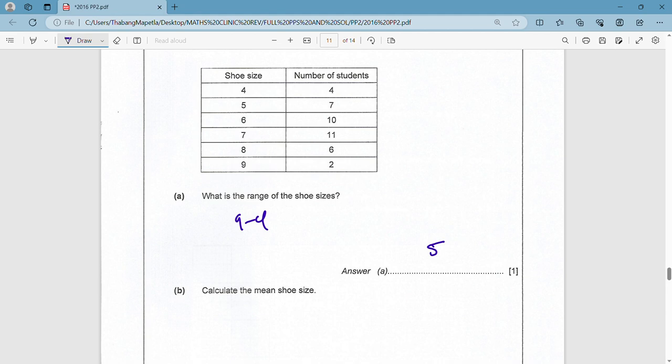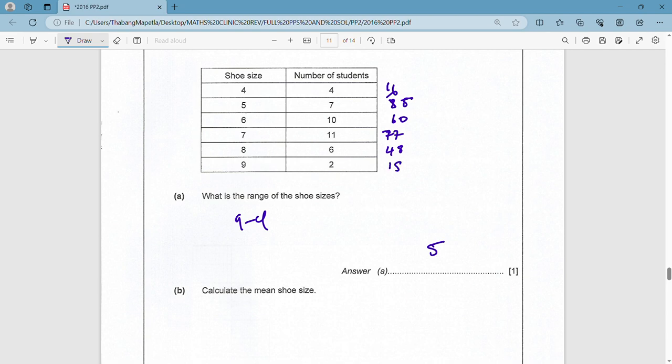So we're going to have 4 times 4, so here it's going to be 16, there's going to be 35, there's going to be 60, there's going to be 77, there's going to be 8 times 6, it's going to be 48, and then 9 times 2, it's 18.